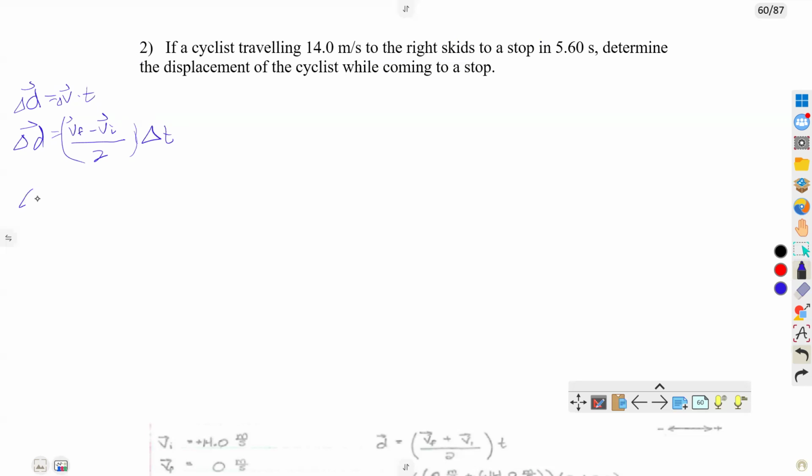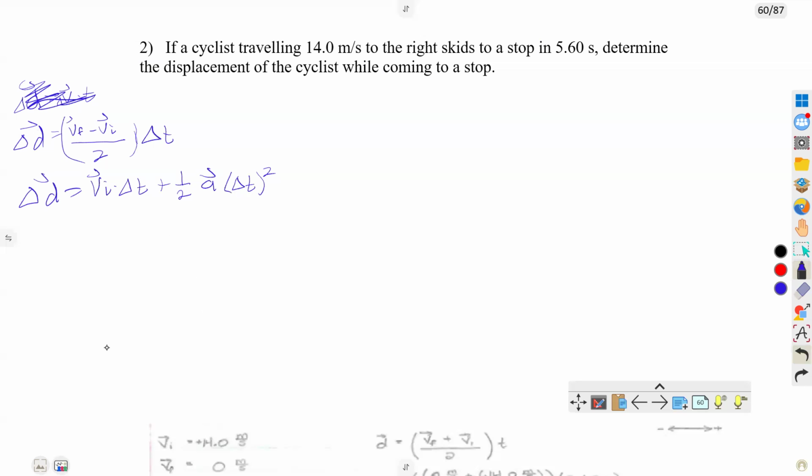Delta D is also VI times change in time plus 1/2 acceleration times change in time squared.